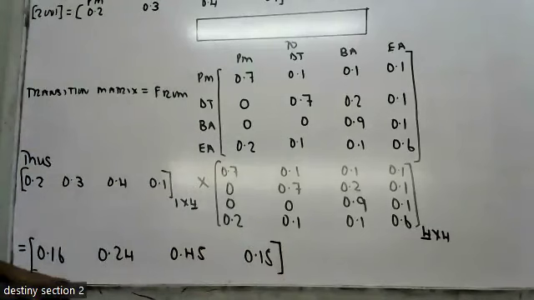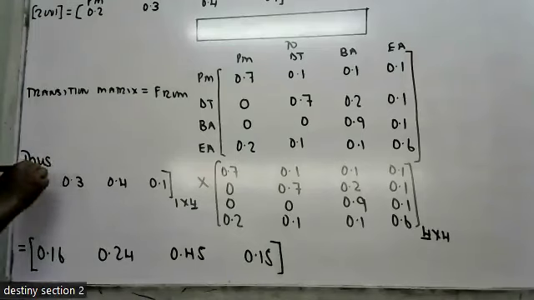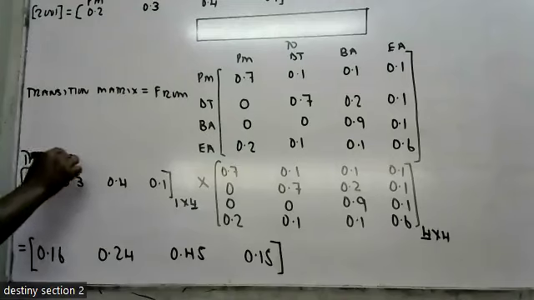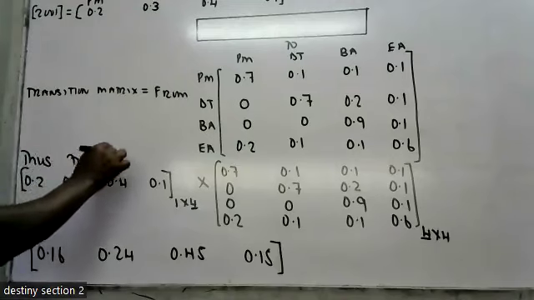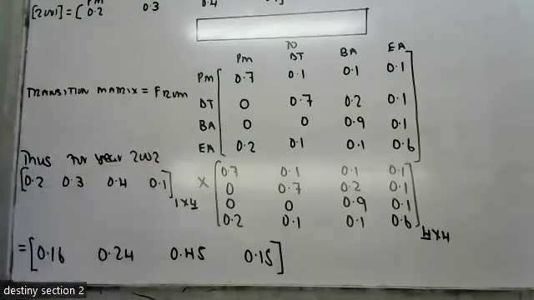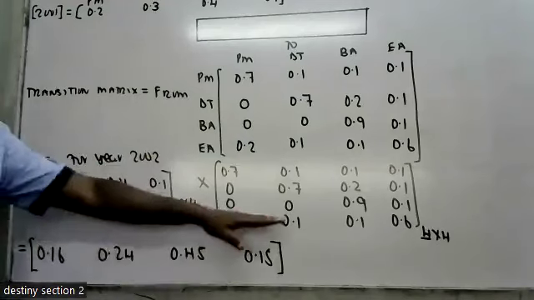So that is the share now in the year 2002. So maybe I should have specified here thus for the year 2002. For the year 2002, those are the workings.